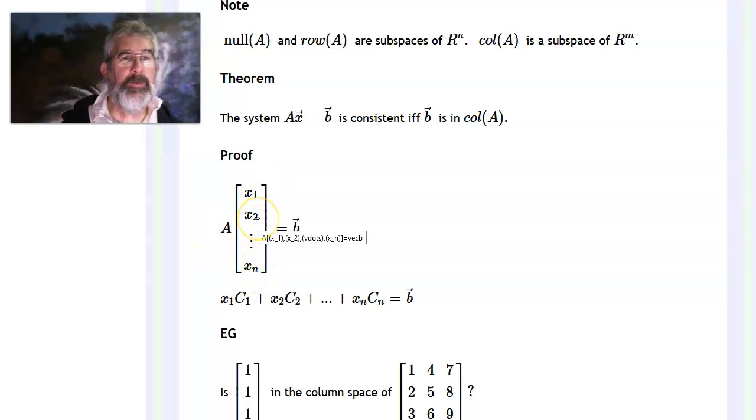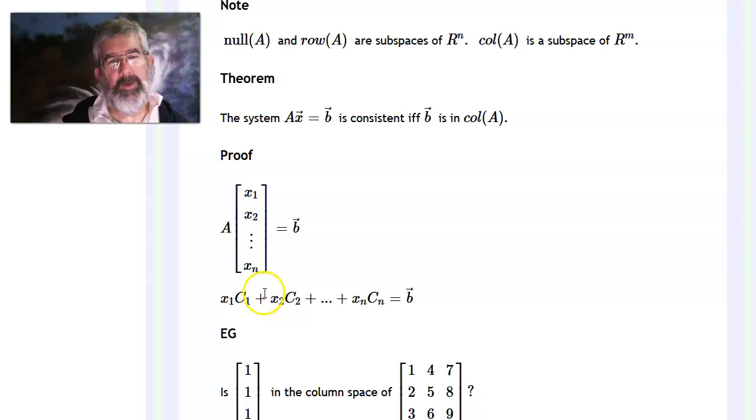But at the same time, the things in the first column of A are all getting multiplied by x1, things in the second column of A are all getting multiplied by x2, and so on down the line. Everything in the nth column is getting multiplied by xn. And then those corresponding columns are being added together to create this single column that's the vector B here.